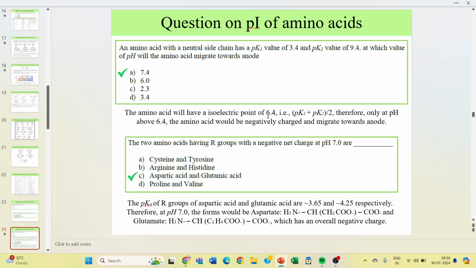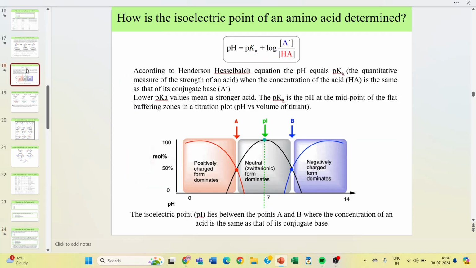For this one, you see, the pi is actually 6.4. Now, if you look at this figure, below the pi, it is positively charged, right? And above the pi, we will just look at this answer.